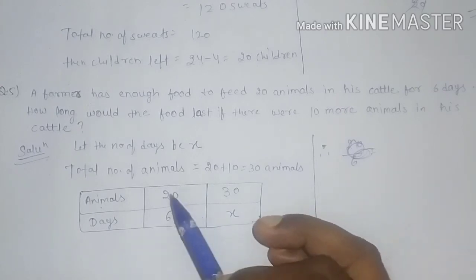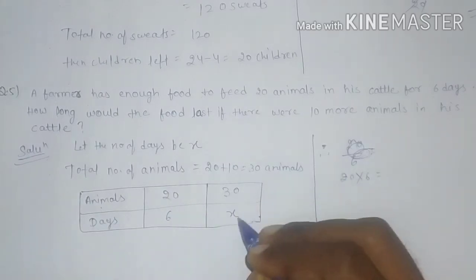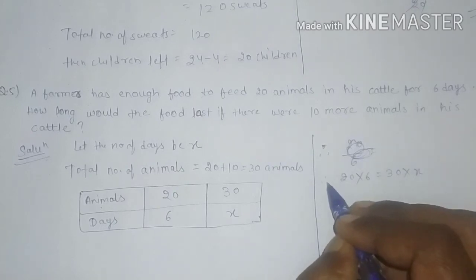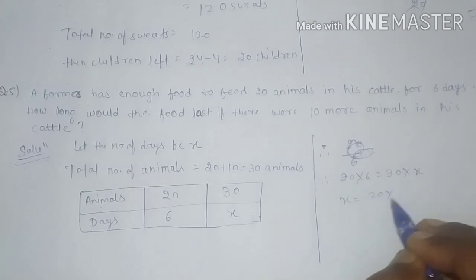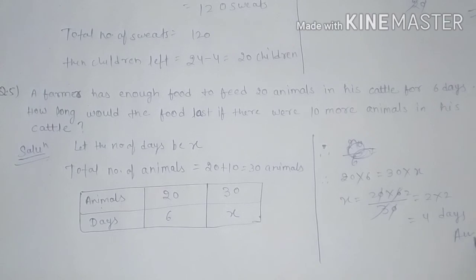So the product will be 20 into 6 equals to 30 into x. So find the value of x from this equation. So x equals to 20 into 6 divided by 30. Now 0 0 cancel, 3 twos are 6 and 2 into 2, that will be 4. So 4 days are the answer.